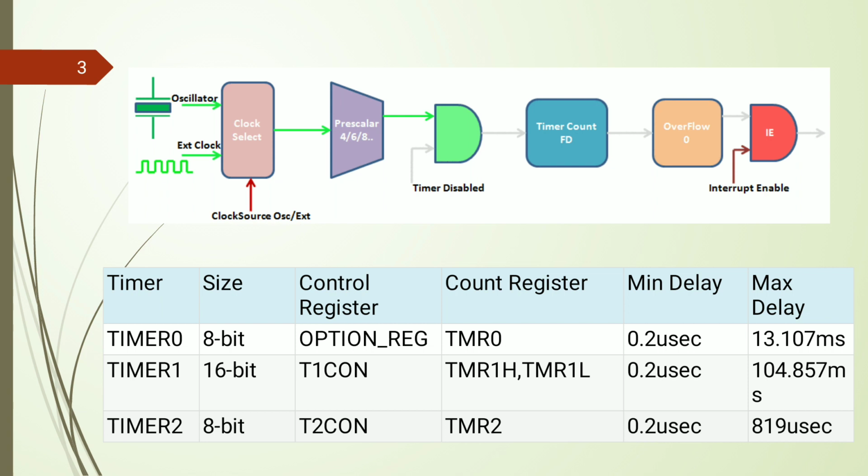Here the important register is T1CON, the timer 1 control register, and the count loading registers are the 8-bit TMR1H and the 8-bit TMR1L, higher and lower byte. Combined, they act as a 16-bit register. After that, timer 2, again its size is 8 bit, its control register is T2CON, the timer 2 control register, and the count holding register is TMR2. So these are some registers associated with the respective timers.